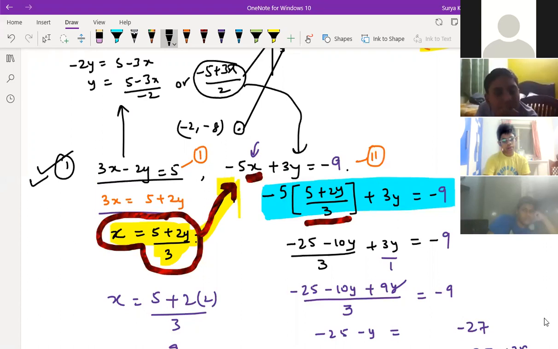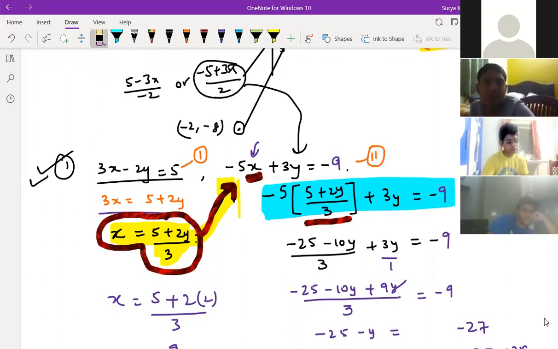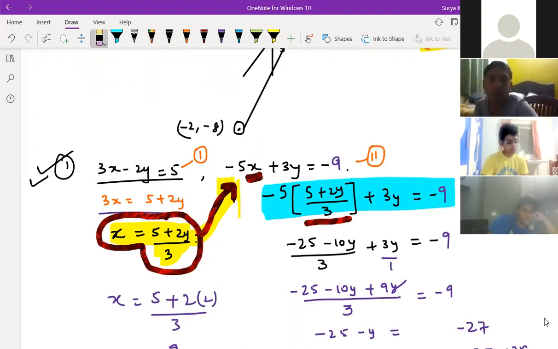Instead of y, you can substitute this one also. You can take x or y, not a problem, but only one variable, either x or y. Because in one equation, only if one variable is there can we find the answer.